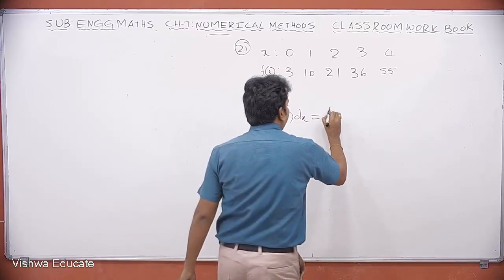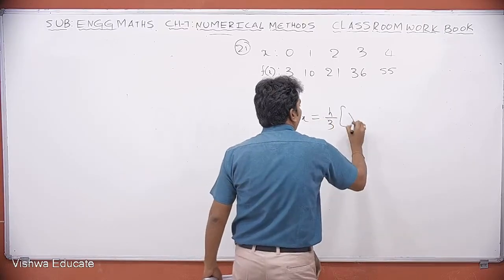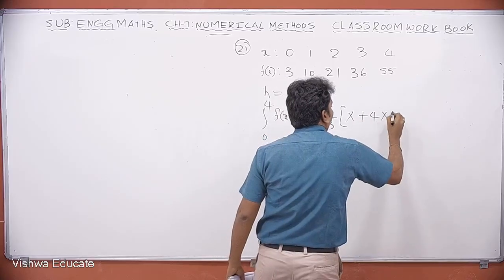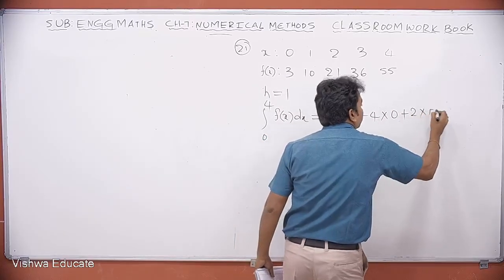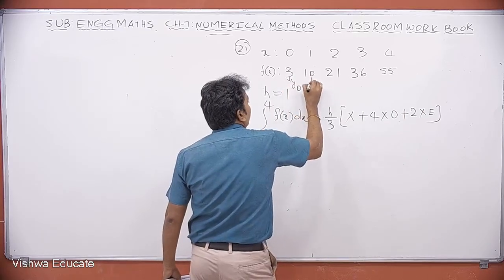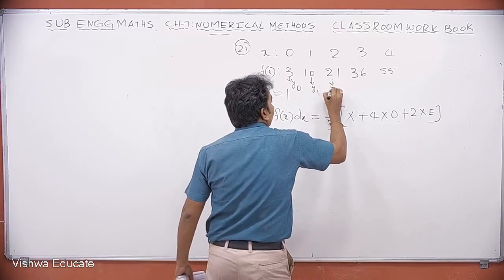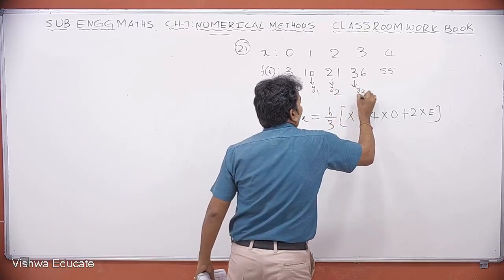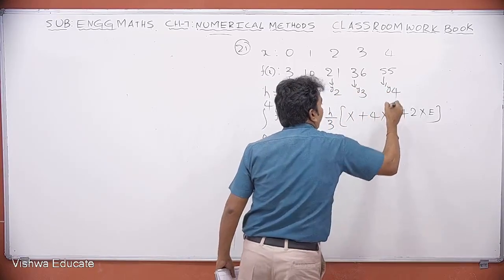So the formula for this is h by 3 into X plus 4 into O plus 2 into E. This is y0, this is y1, y2, y3, and this value is y4.